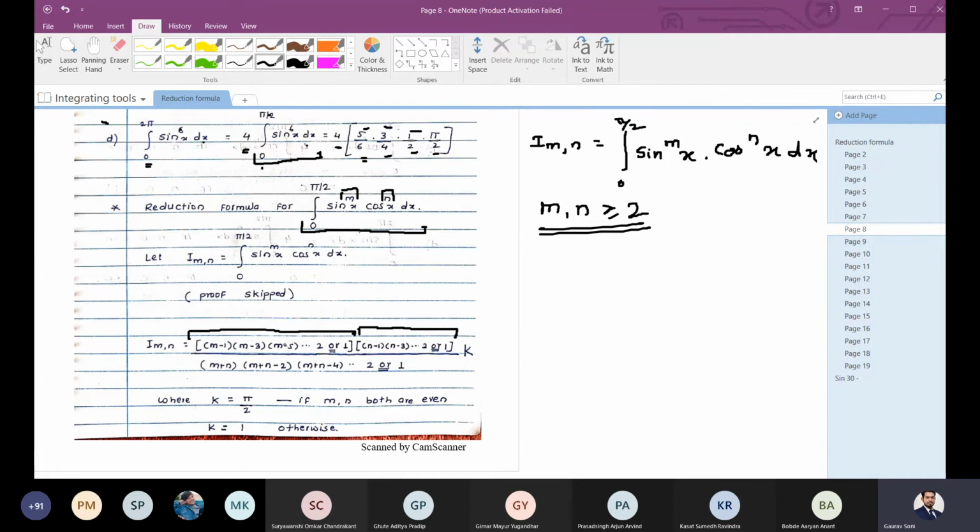What you are subtracting here from the power of sine? Sahil? Yes, sir. What are you subtracting from the power of sine in this?